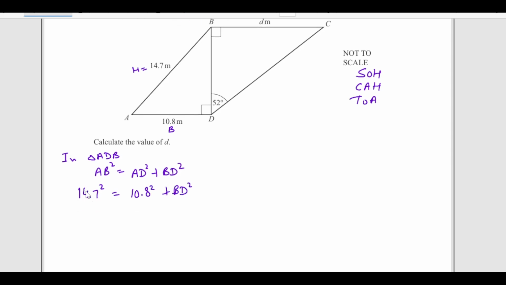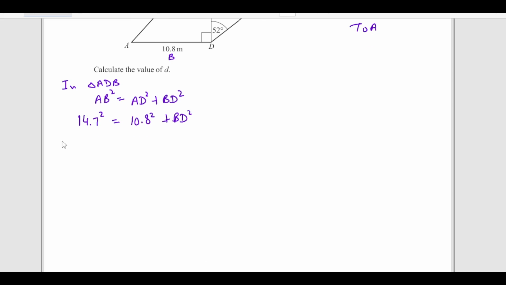Okay. So, then we have BD squared is 14.7 squared minus 10.8 squared, sorry, I missed a square here, and then square root.